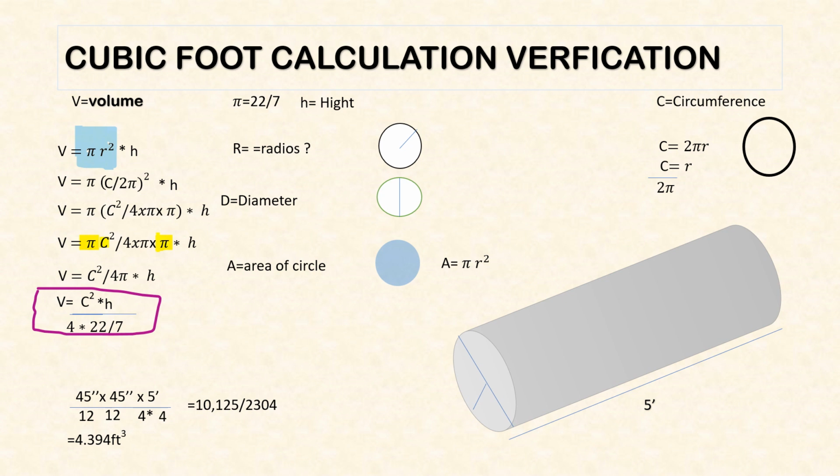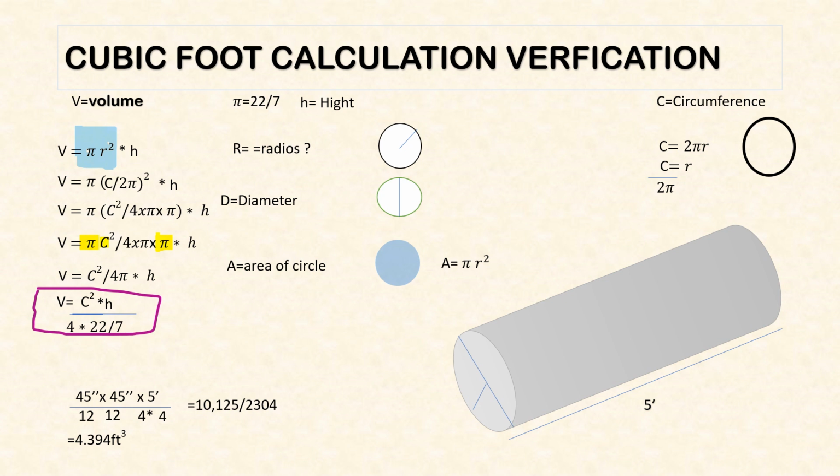How do we derive the 4? That is, we referred to 22 over 7, that is equal to π. So we have rounded up this 3.14 as 4, because in the timber industry, for easy calculation purposes, we consider that 22 over 7 to be rounded as 4.